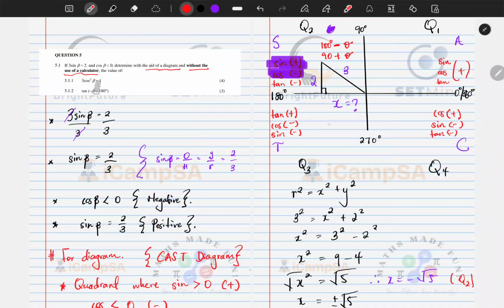And then here it's going to be 180 degrees plus theta, and then 270 degrees minus theta. And then here I'm going to have 270 degrees plus beta, and then 360 degrees minus beta. And then here I will just have 0 degrees plus, it's just 0 degrees, and then it's also going to be 90 degrees minus theta, right?